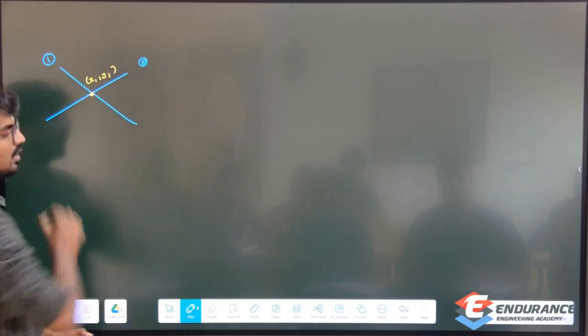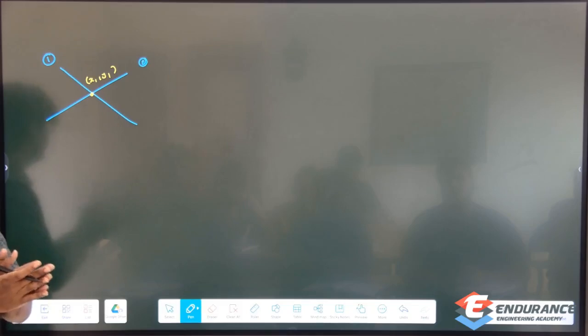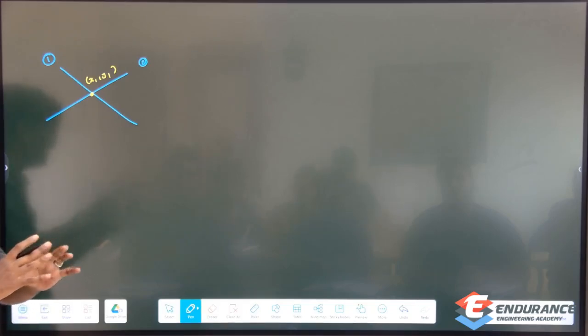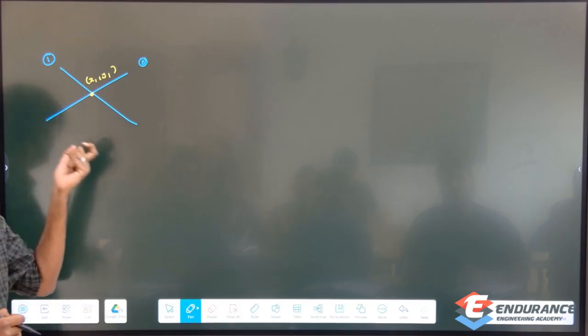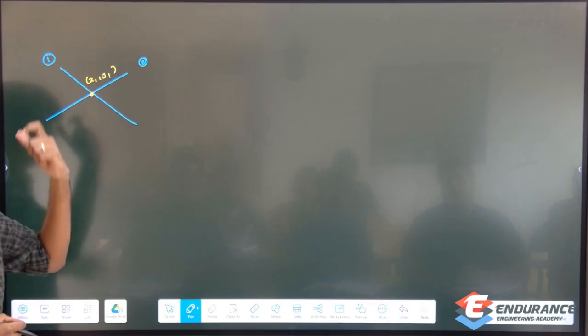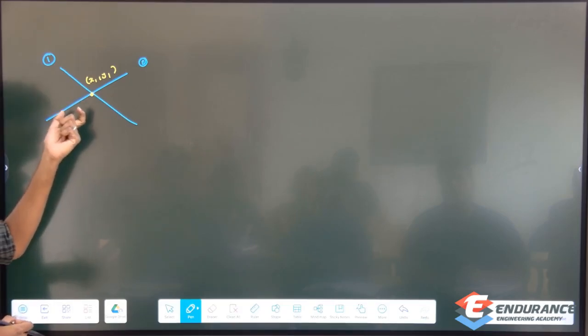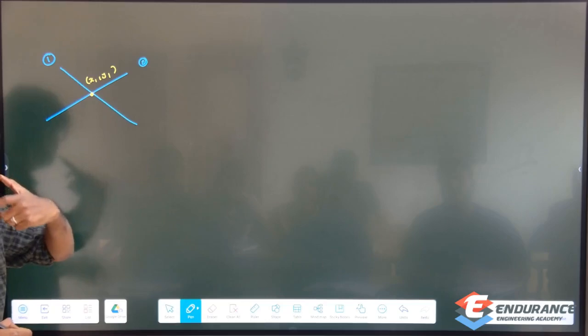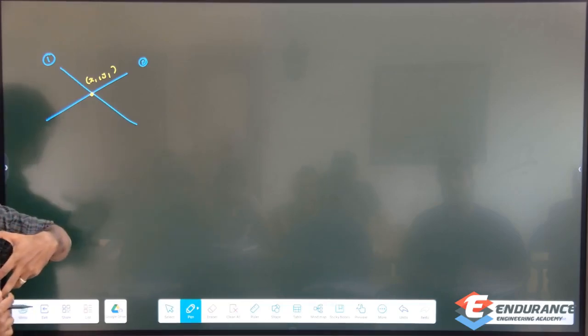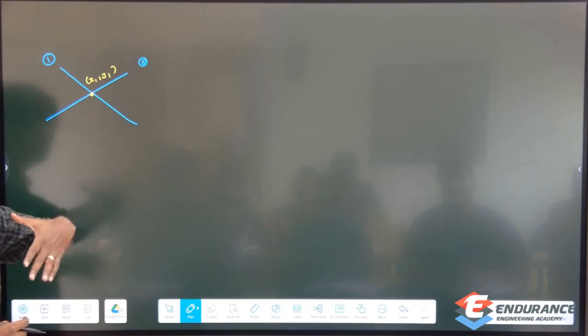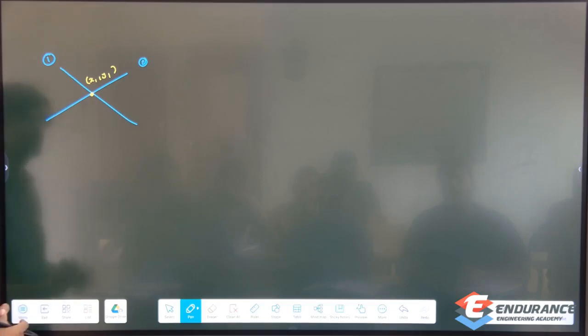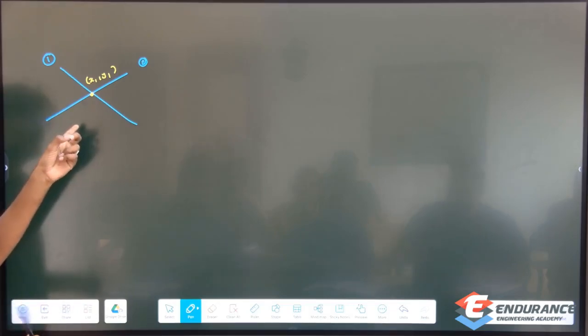This intersection point is nothing but the solution of those two straight lines. Our ultimate aim in this chapter is to find this, but for entering into this part, we are going to understand some basics of linear algebra, basics of matrices.